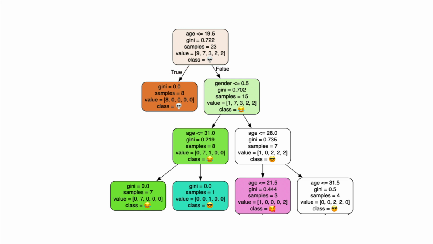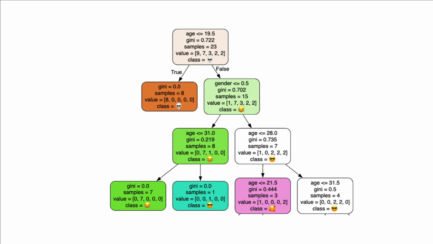And higher values closer to 1 indicate that the elements are randomly distributed across various classes. So when a decision tree is being constructed, each split is made in a way to decrease the Gini impurity, and the goal is to create nodes with lower impurity, which means that the elements in these nodes are more likely to belong to the same class.